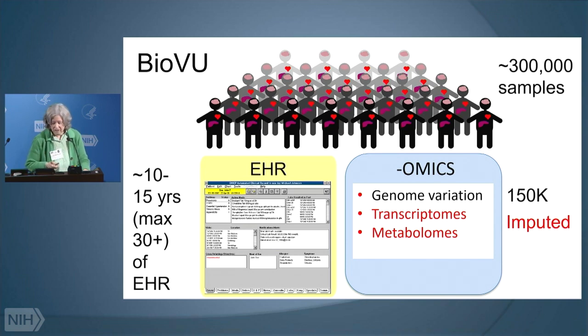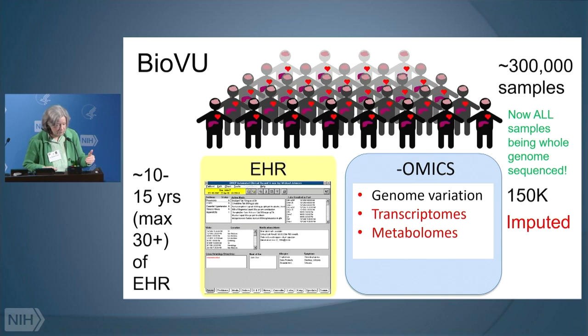But now a pharma alliance is going to be sequencing the entire biobank, which will really allow us to do a better integration of the common and rare variant space. But we've always also used the genome variation to impute other omics into the data.